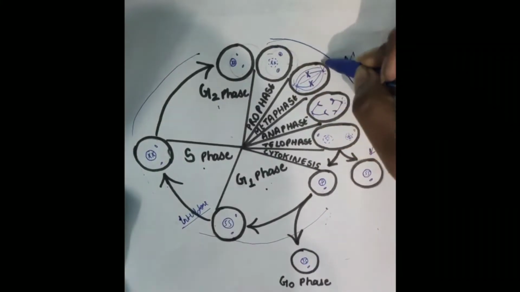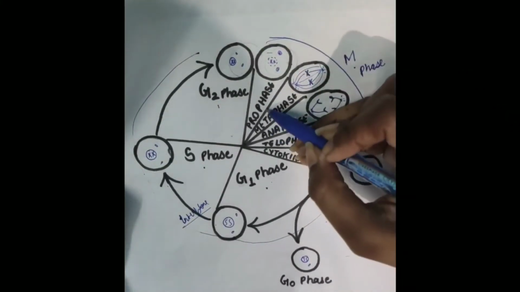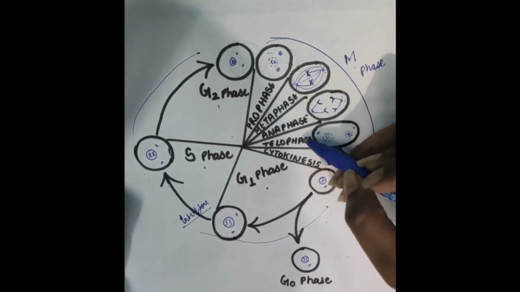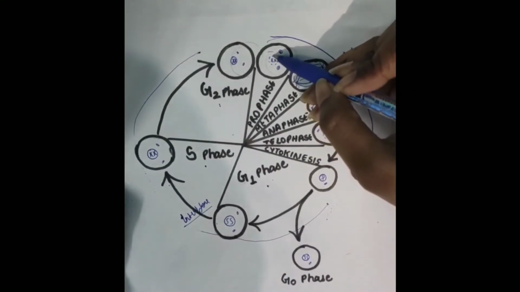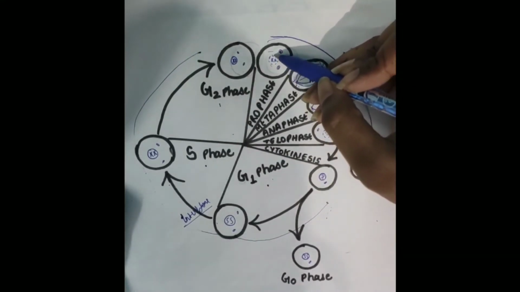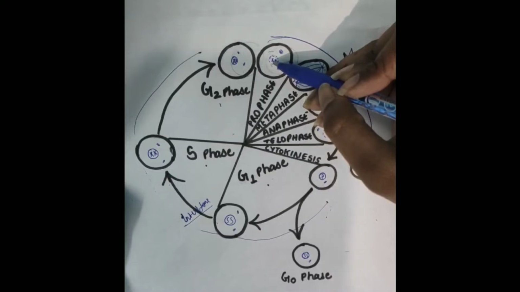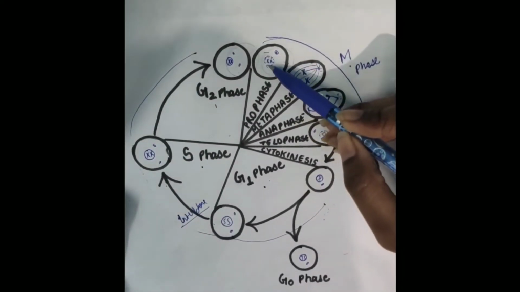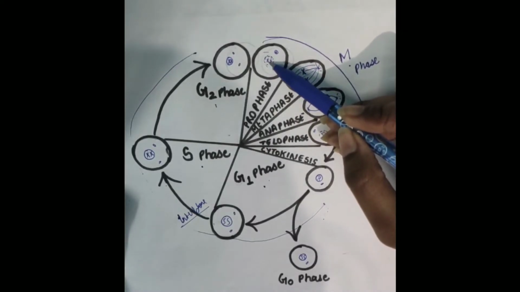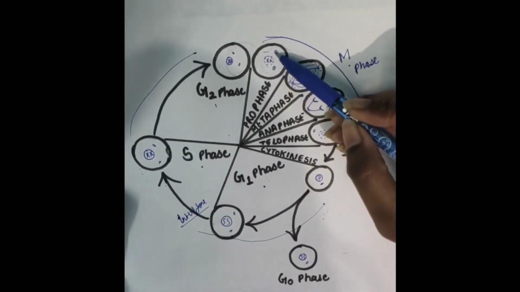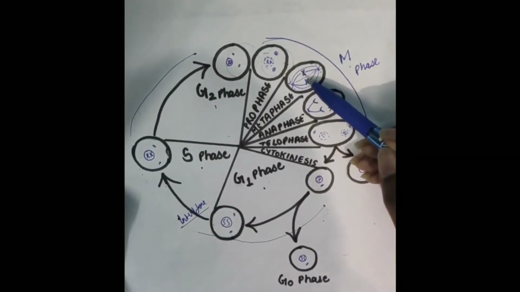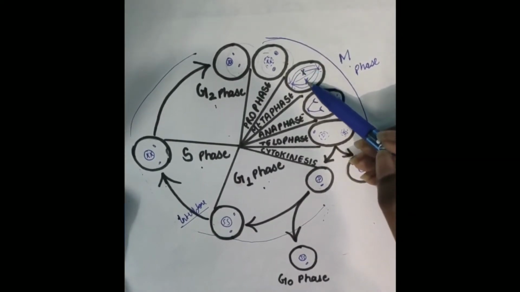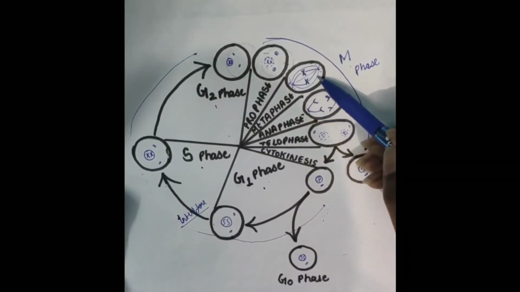So here is the mitosis, which is the prophase, metaphase, anaphase and telophase. The prophase starts with the disappearance of the nuclear membrane and the condensation of the chromatin reticulum and the movement of the centrosome. In the metaphase, all the chromosomes lie at the middle plate and spindle fiber formation takes place.